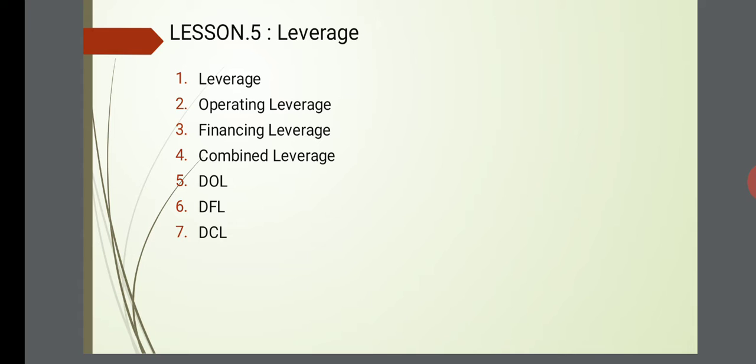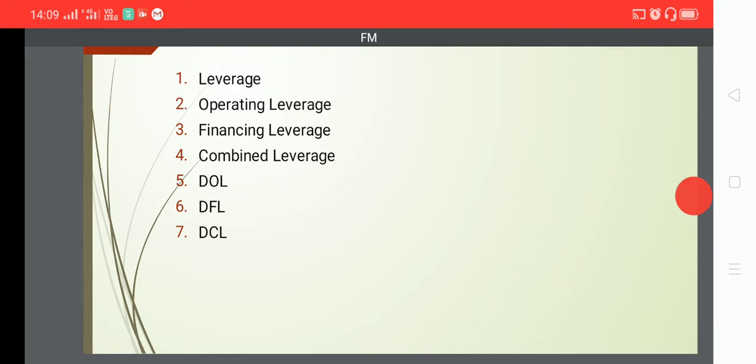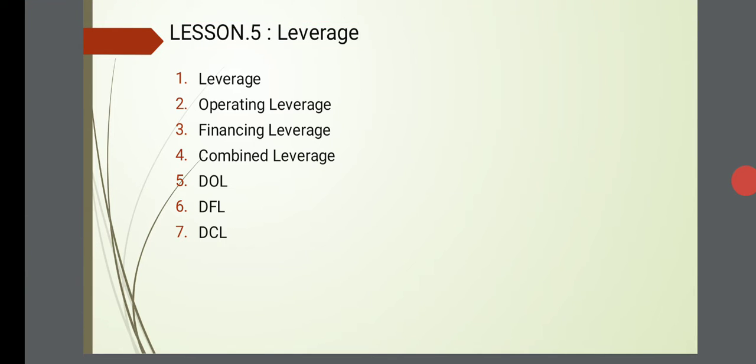Let us understand what leverage means. The word leverage comes from the word lever. Leverage represents risk. It represents the point which magnifies or increases the risk.